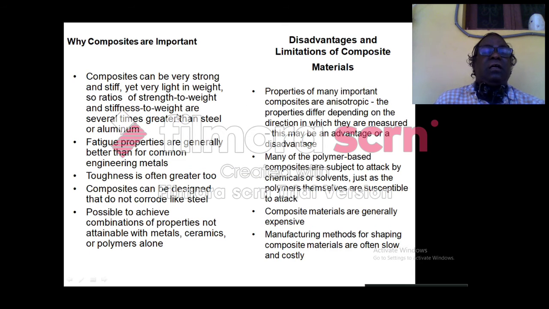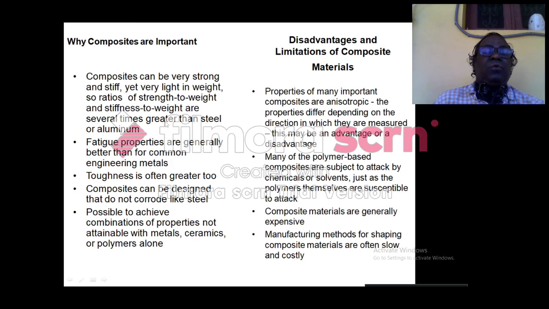We have already seen many applications. Now we see the importance of composites. Composites can be very strong and stiff, and very light in weight. The stiffness-to-weight ratio is several times greater than steel and aluminum.